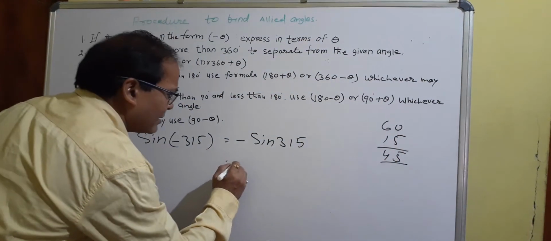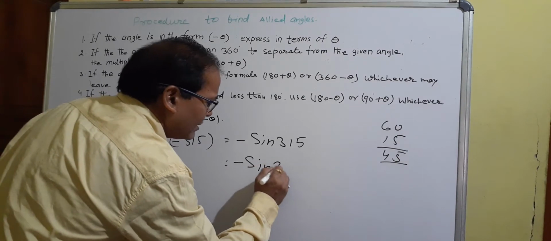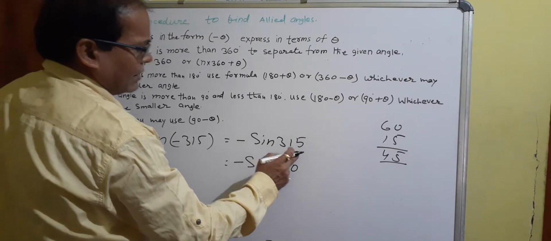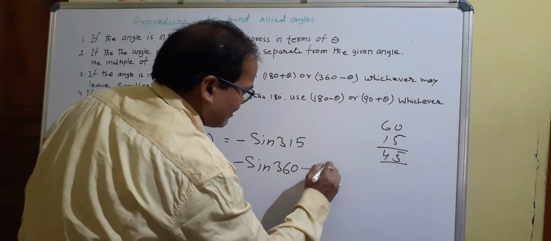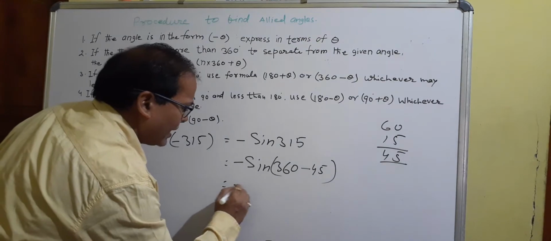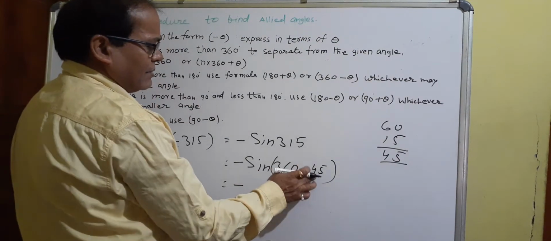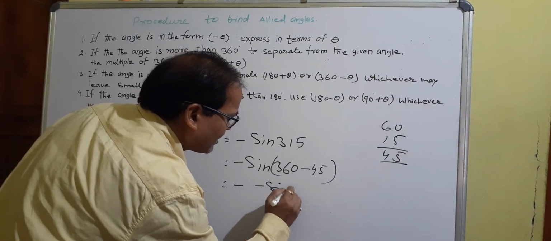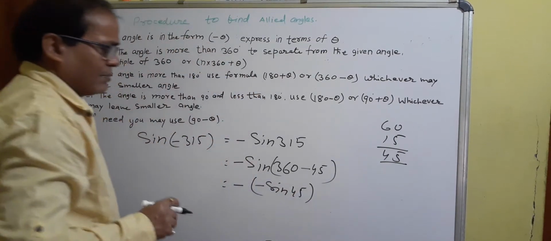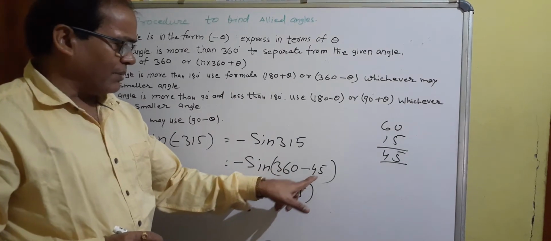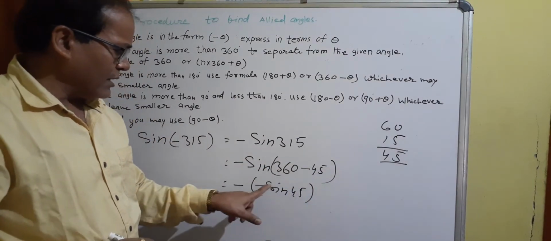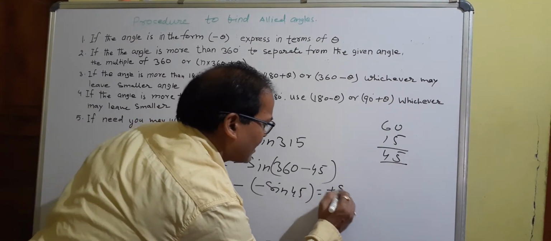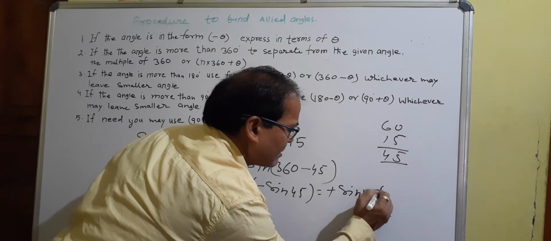So we can write minus sine of 360 minus 45 degrees. Sine of 360 minus 45 is minus sine 45 degrees, because 360 minus 45 is in the fourth quadrant, and in the fourth quadrant the value of sine is negative.